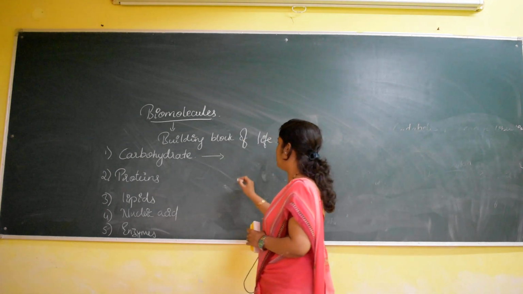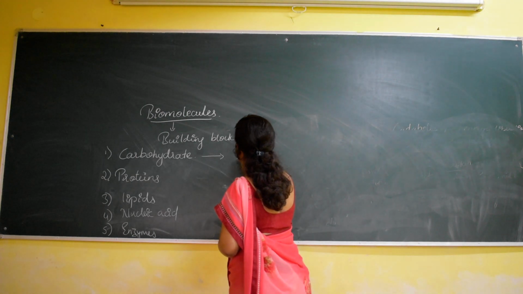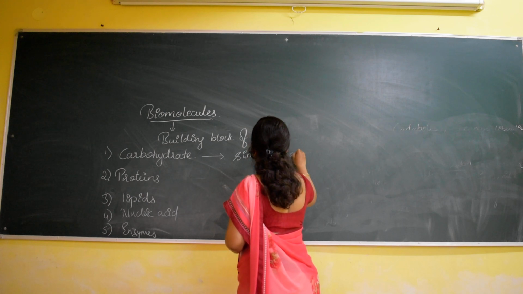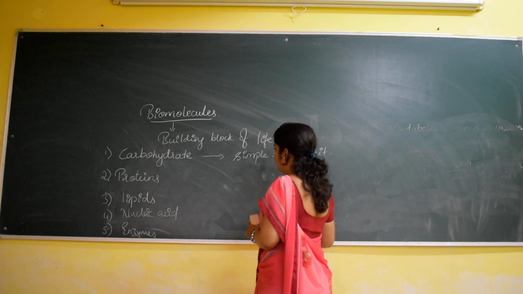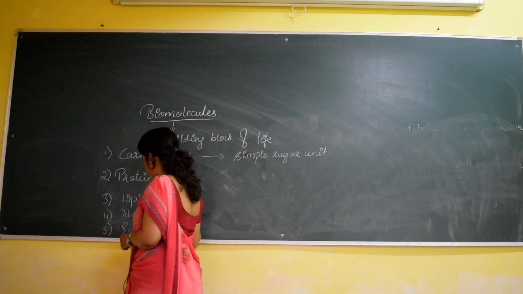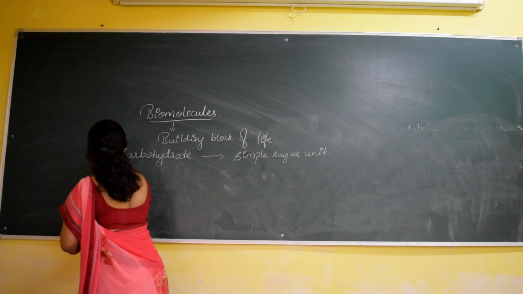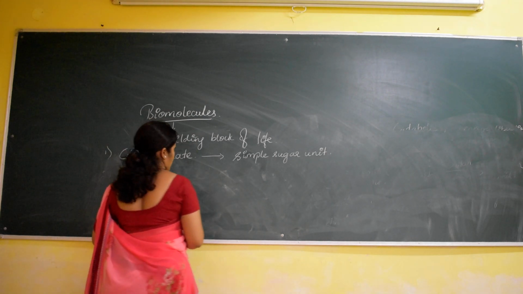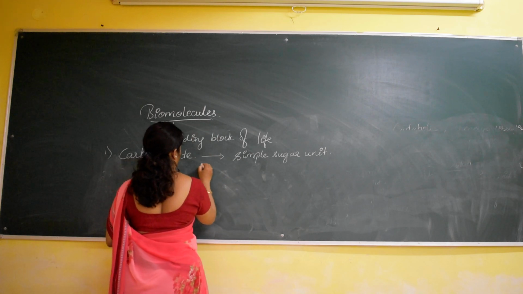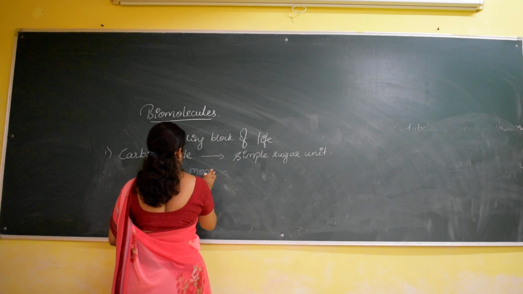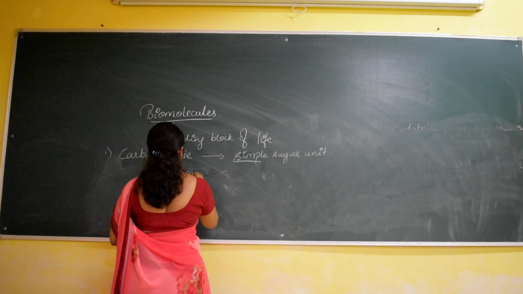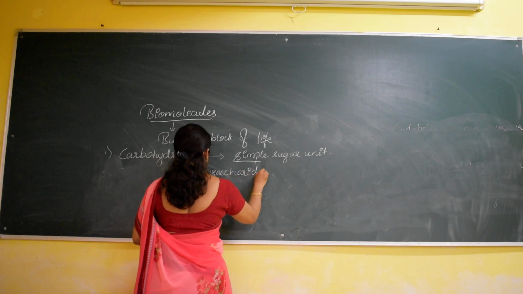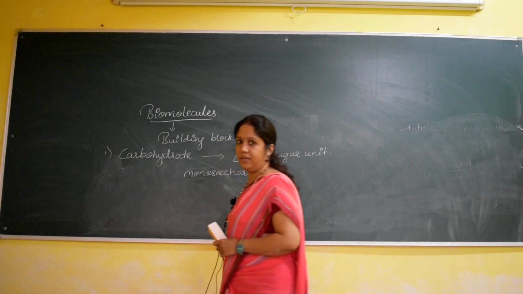This carbohydrate is made up of simple sugar units, and that simple sugar unit itself is called a monosaccharide.